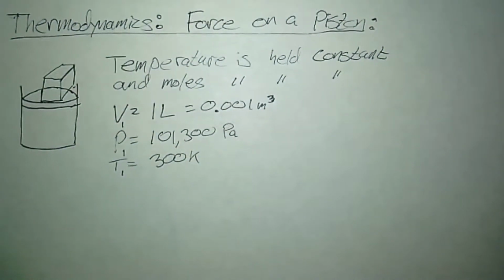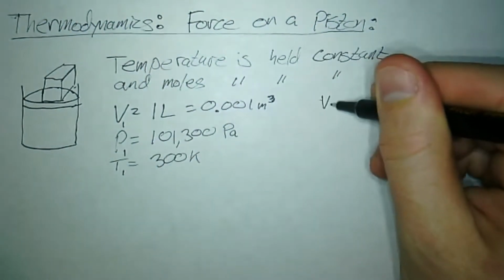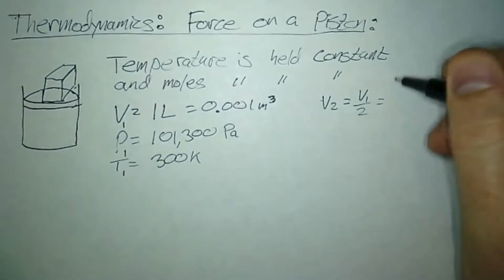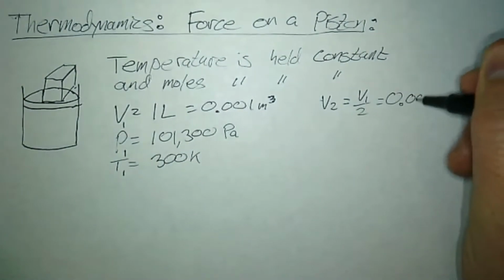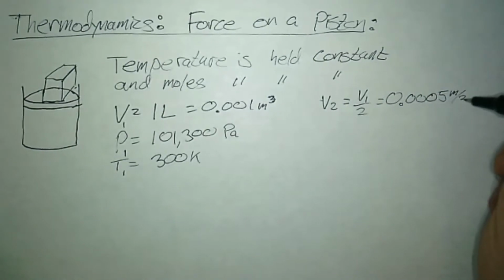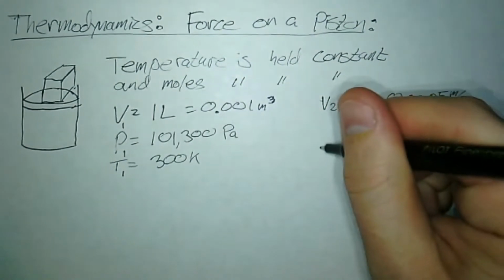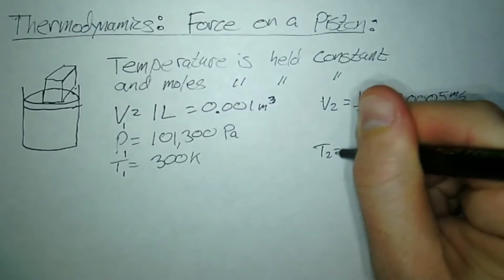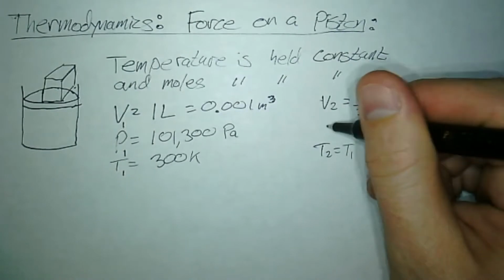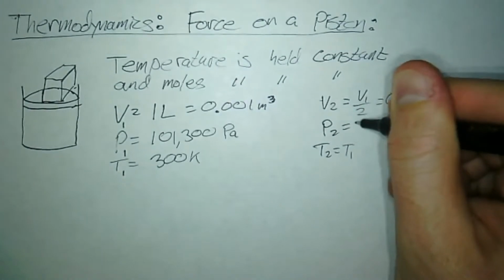So let's say your volume decreases by a factor of 2. And your temperature is held constant, so I know that T2 equals T1. So pressure 2, I want to know what pressure 2 is.